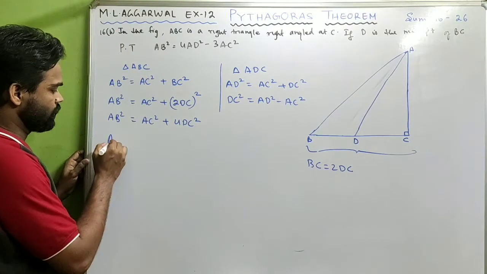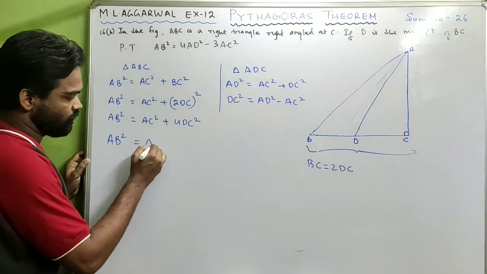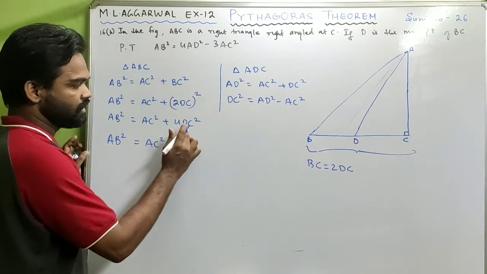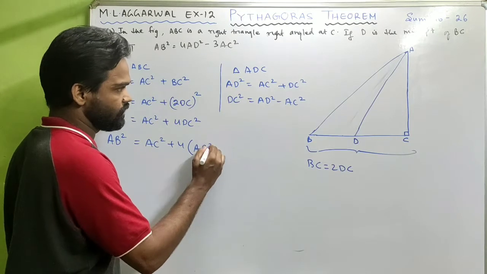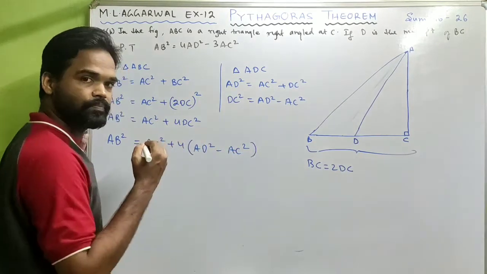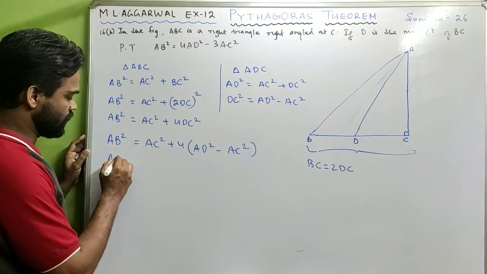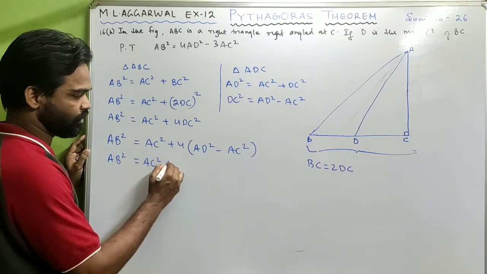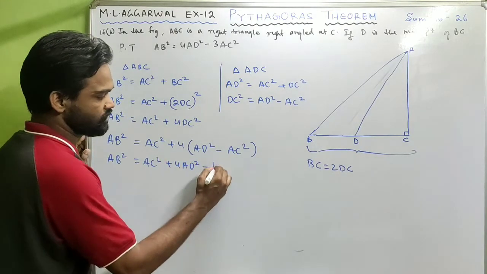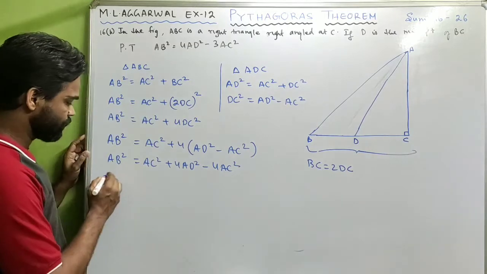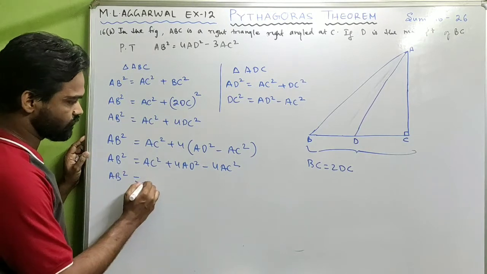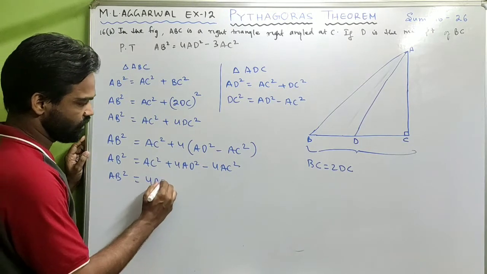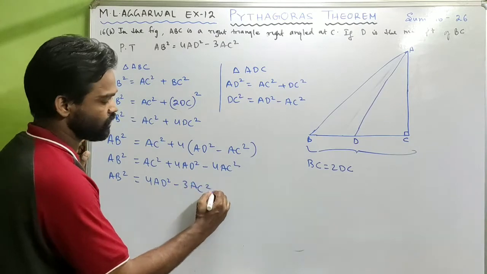Substitute the value. So AB square is equal to AC square plus 4 times, instead of DC square, I can write AD square minus AC square. Simplify it. So AB square equals AC square plus 4 times AD square minus 4 times AC square, which means AB square equals 4 times AD square minus 3 times AC square.